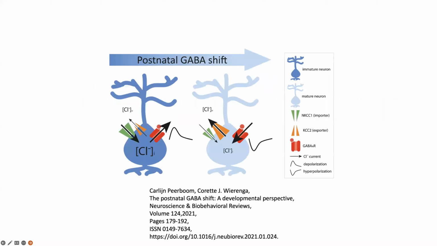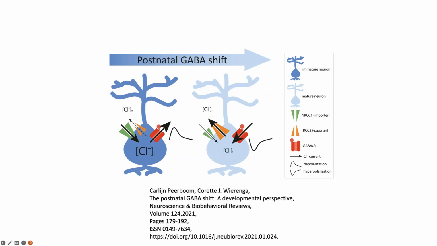One of the important causes of why the newborn has a high excitability is the GABA shift. GABA is otherwise an inhibitory neurotransmitter, but in the newborn, GABA stimulation can be excitatory, right? You can see very well in the figure that the red receptor is the GABA channel where GABA acts.